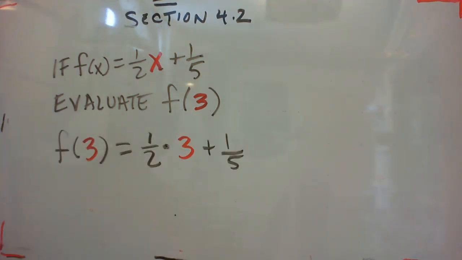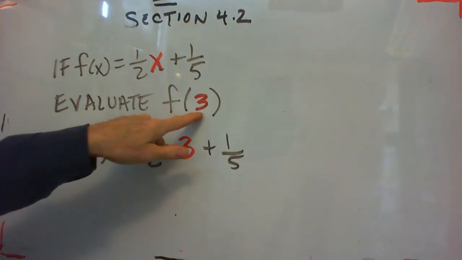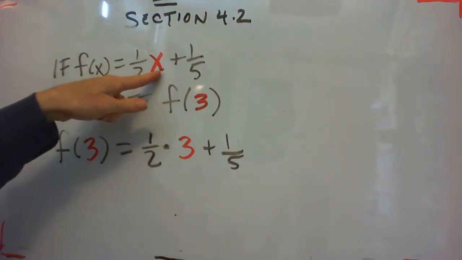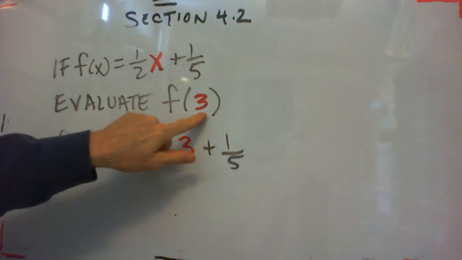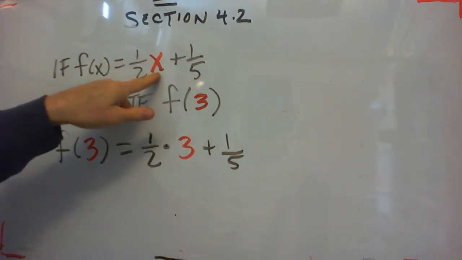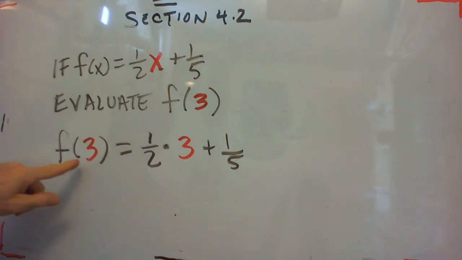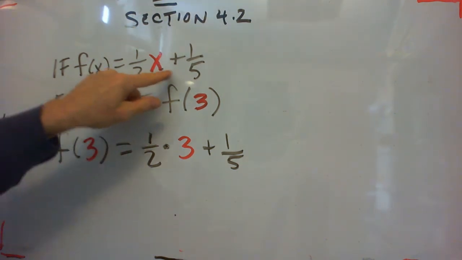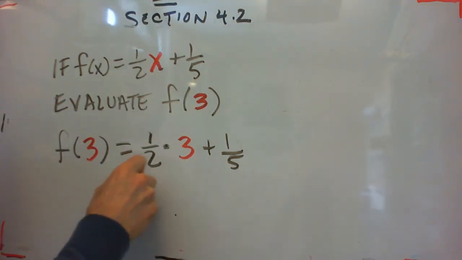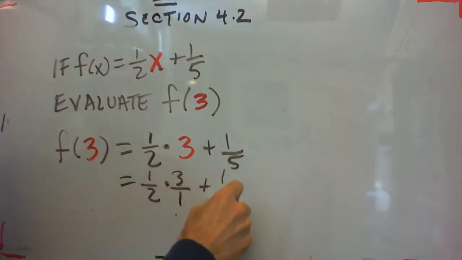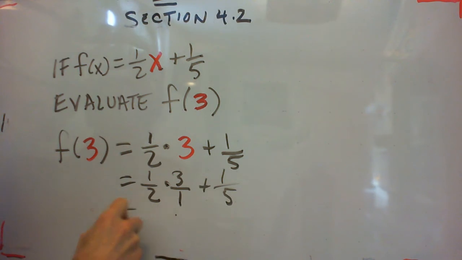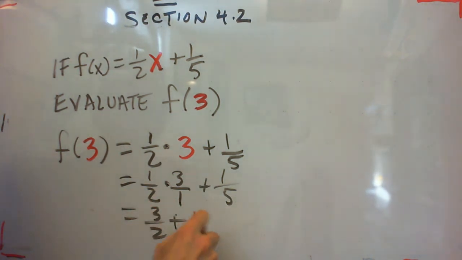So, to evaluate this, we take that 3 and plug it in for the x in our formula. Whatever's in parentheses after f, you put it in for each x of the formula. So we get f of 3 is 1/2 times 3 plus 1/5. So that's 1/2 times 3 over 1 plus 1/5, which is 3/2 plus 1/5.